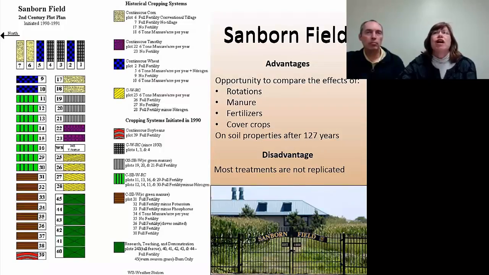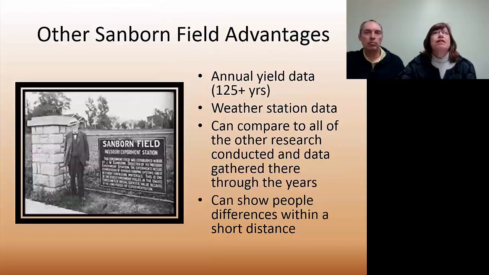Some have cover crops. The one disadvantage is most of the treatments have not been replicated. But in addition to that, we will be able to build on yield data that's been collected. There's a weather station there. We can compare to research conducted through all these years. And it's also a good place to take people, and people can see, feel, touch the differences in the soil over a short distance.